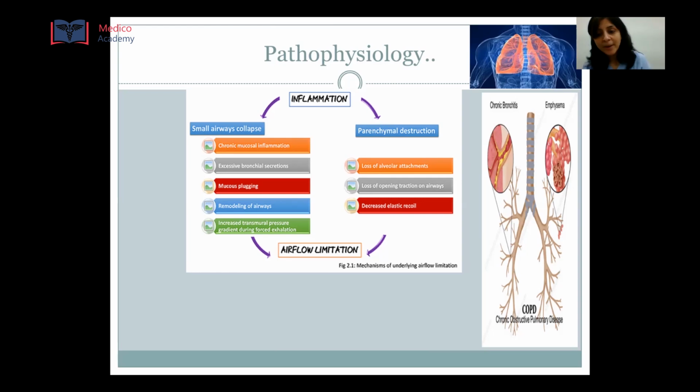Or it led to the parenchymal destruction, where there was loss of alveolar attachments, loss of opening traction on airways, decreased elastic recoil. Ultimately, these all together, singly or in combination, have led to what? Have led to the severe airflow limitation.